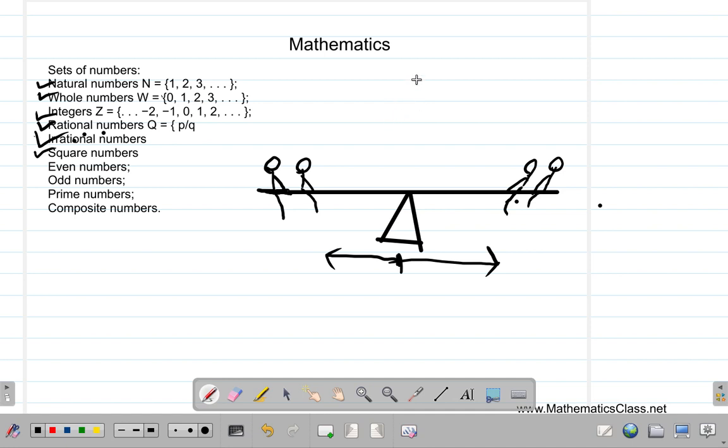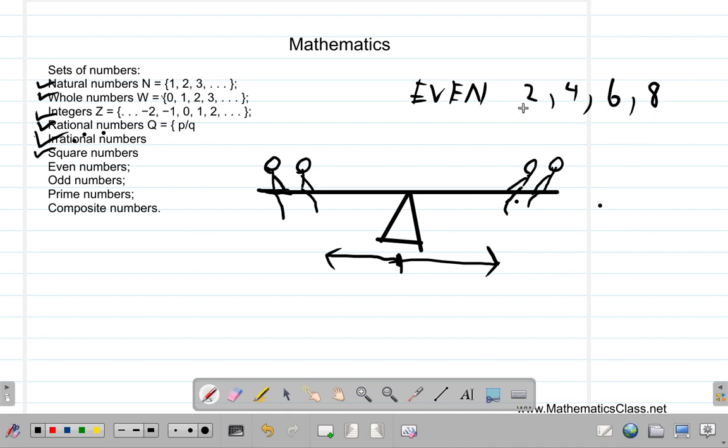So the even numbers include 2, 4, 6, 8. Those are even numbers. Numbers that you can divide by 2 and you get an answer without a remainder. 6 divided by 2 is 3, no remainder. 8 divided by 2 is 4, no remainder.